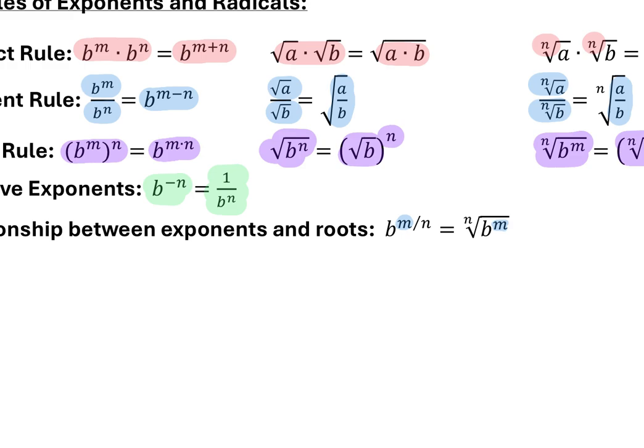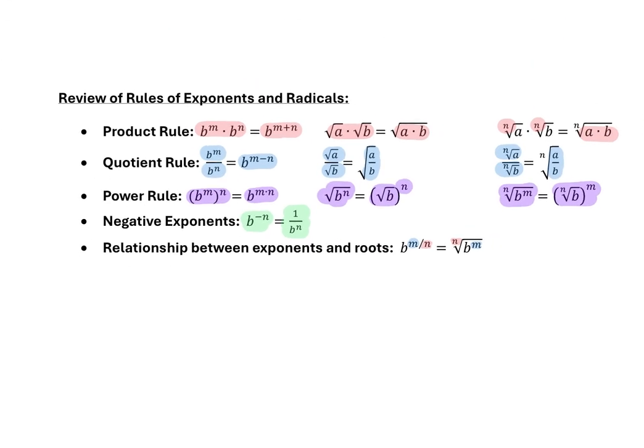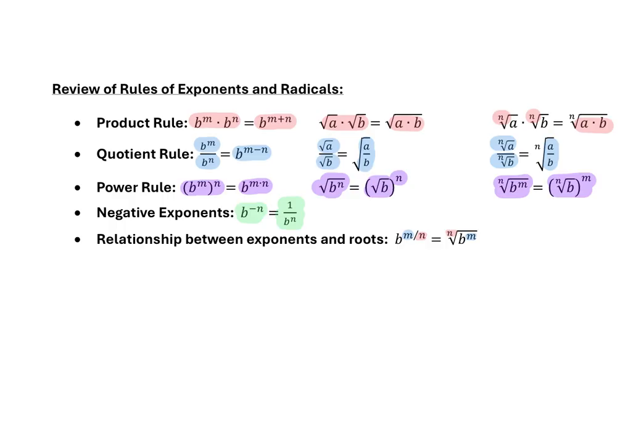And if you have a number in the denominator of the exponent, it becomes something we call the index. What kind of root is it? All right, so in this first section, these are going to be the things that we're going to play around with.